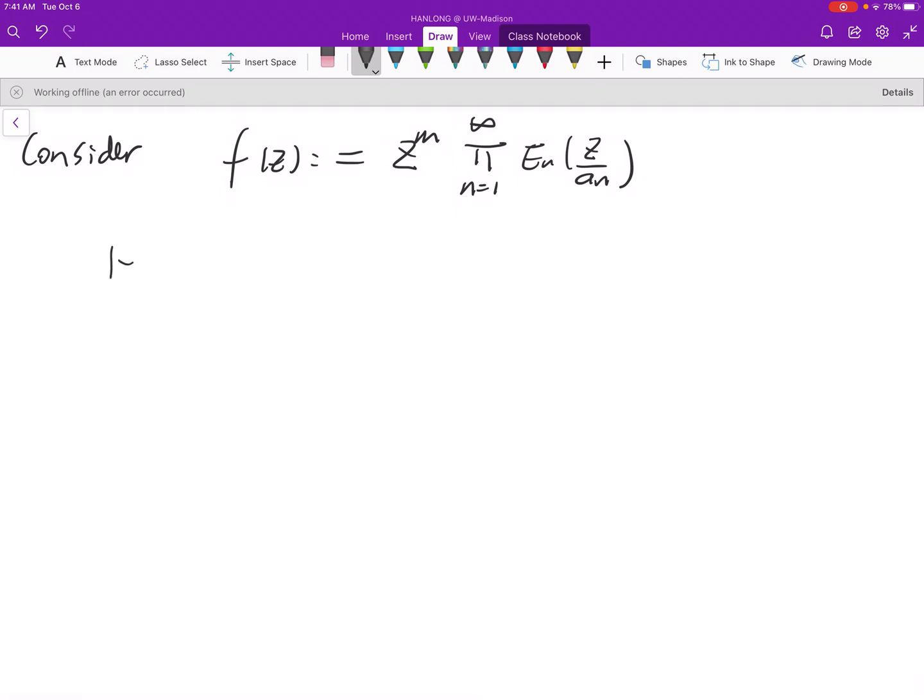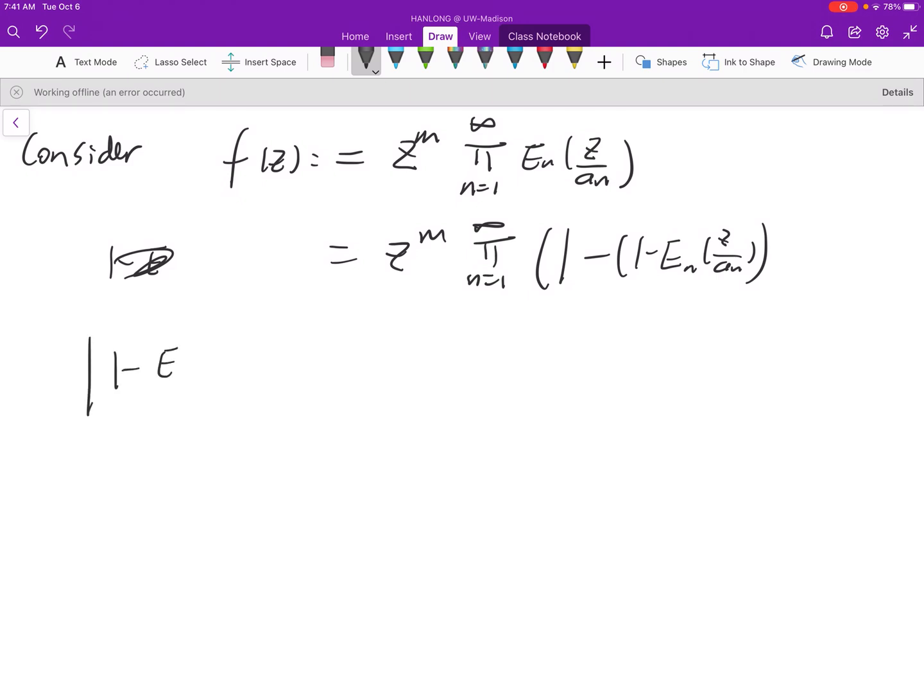Okay, then we can write it down as the product of 1 minus (1 minus En(z divided by an)). Okay, then by the previous lemma, we know that 1 minus En(z over an) is bounded by c times norm of z divided by an, to the power n plus 1.